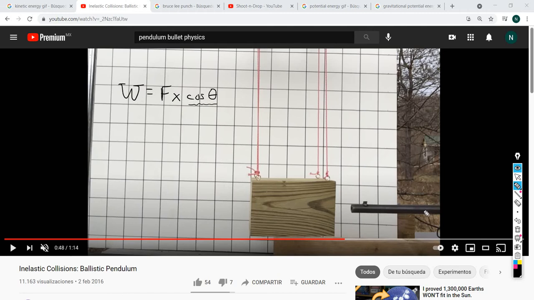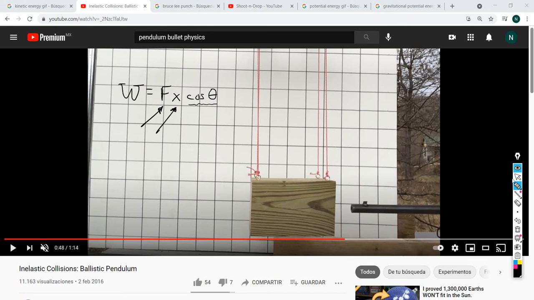So I'm telling you that the bullet, since it has energy, it can do work on this block. It's going to be able to do work because that's what energy is. Energy is the capacity to do work on something. So what's going to happen is this: it's going to hit the block, and then it's going to apply a force on the block over a certain displacement.